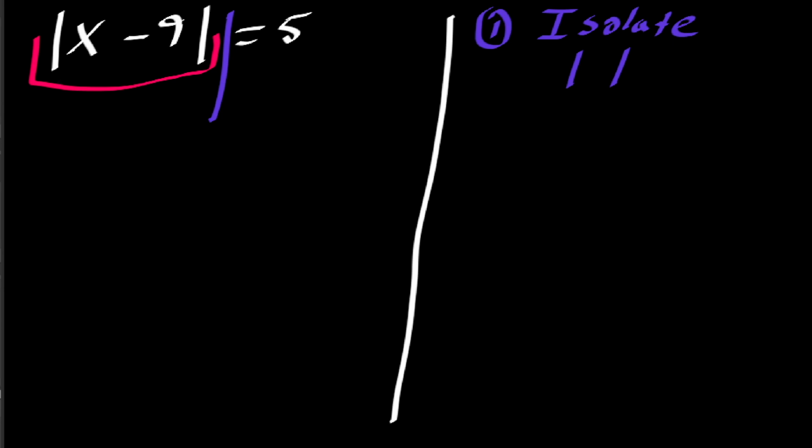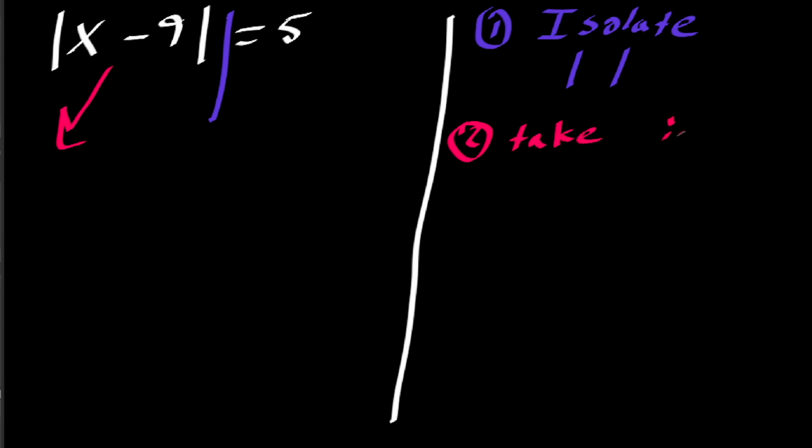So now, here's what we're going to do. We're going to take this inside and we're going to split it. So that's actually step 2. So we take the inside, and we're going to set that equal to positive and equal to negative, whatever's on the opposite side. Okay, so when we take the inside, this is case 1, x minus 9.